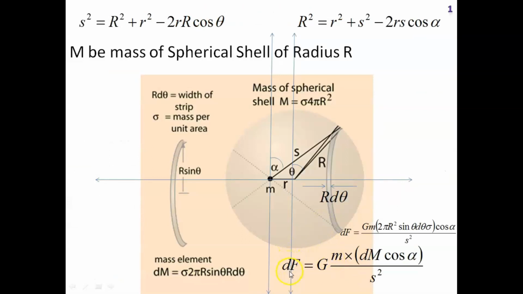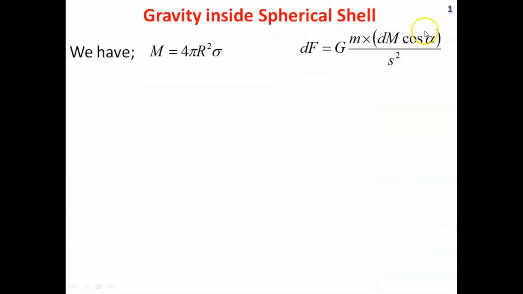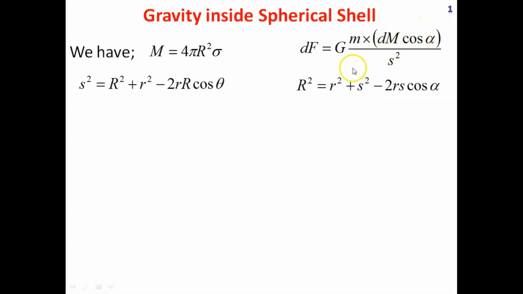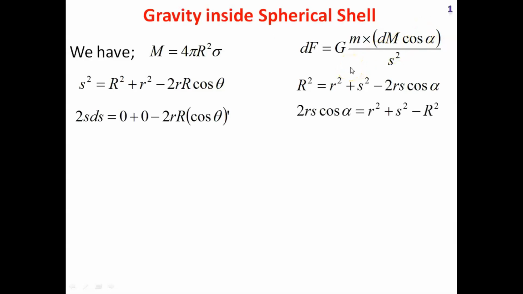Now here dF we have written as G m dm cos alpha upon s square. After substitution we encounter this type of equation, and the cosine rule offers us these two equations: s square equal to r square plus R square minus 2rR cos theta, and R square equal to r square plus s square minus 2rs cos alpha. Now we have a bunch of equations to be explored together.